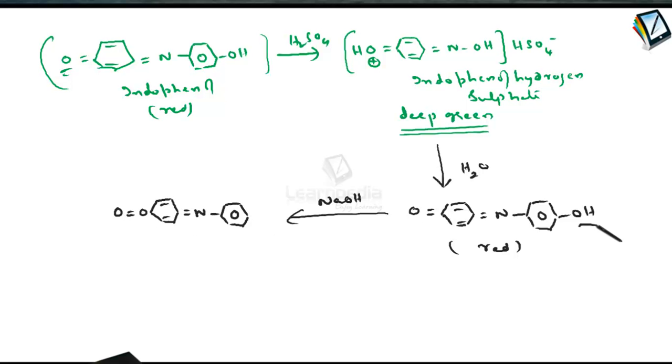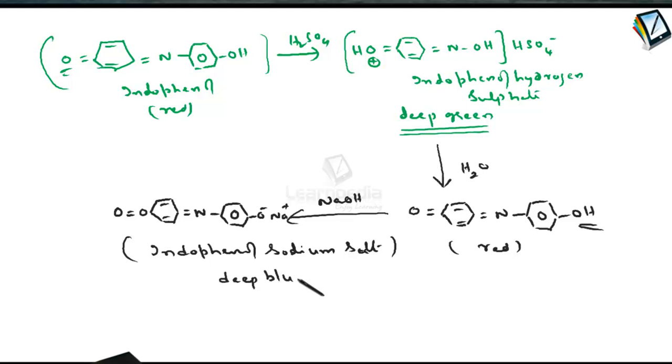This OH which is here, this H plus is replaced by Na, so it becomes O minus Na plus. That's why we are calling it indophenol sodium salt. And this indophenol sodium salt is responsible for what color? Deep blue. So thus, when the solution is made alkaline, it is deep blue.